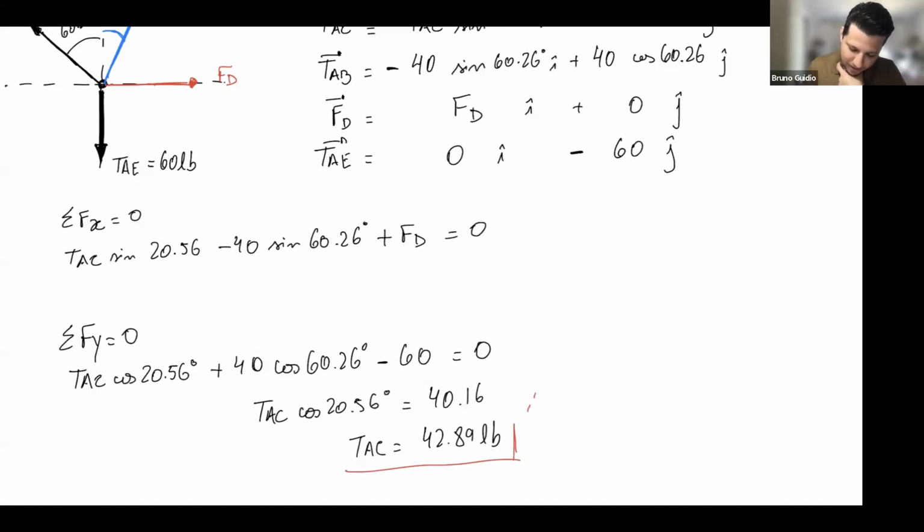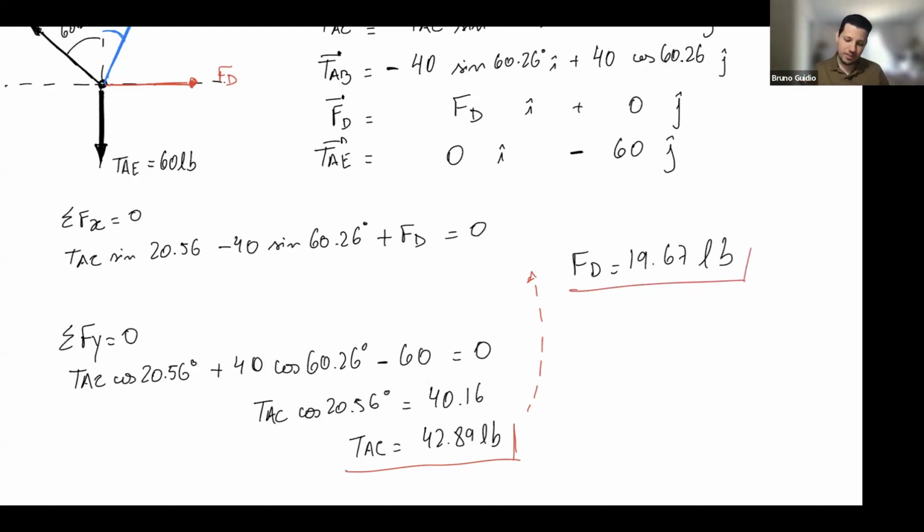Then I go back over there and substitute. At the end, I will find FD. That's it.